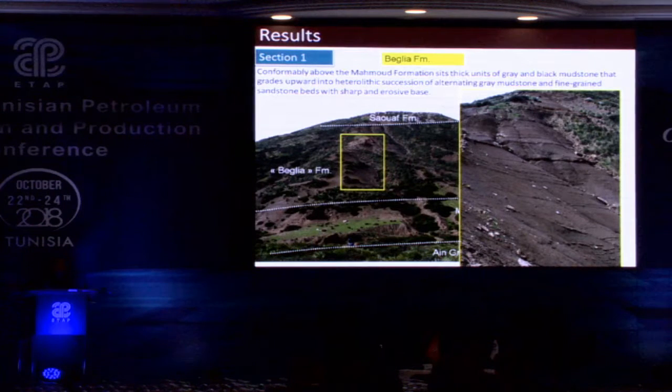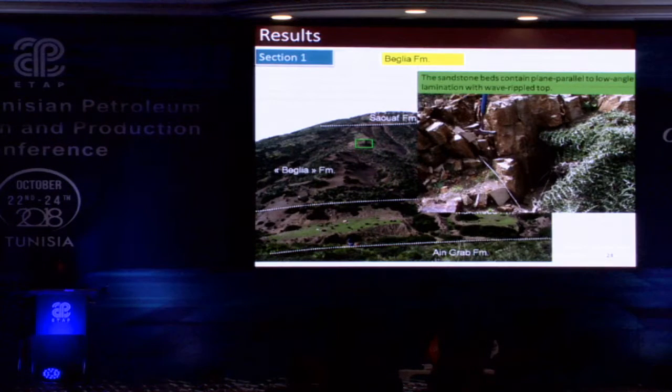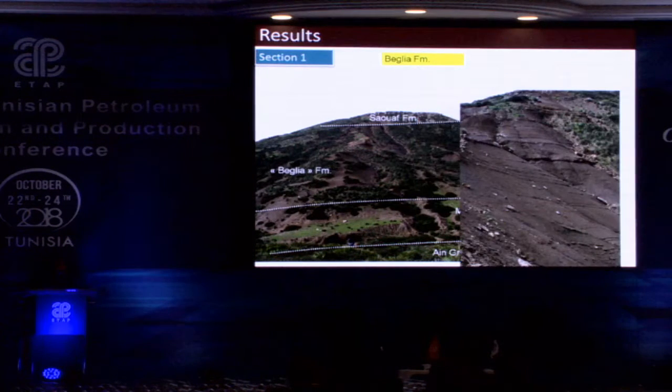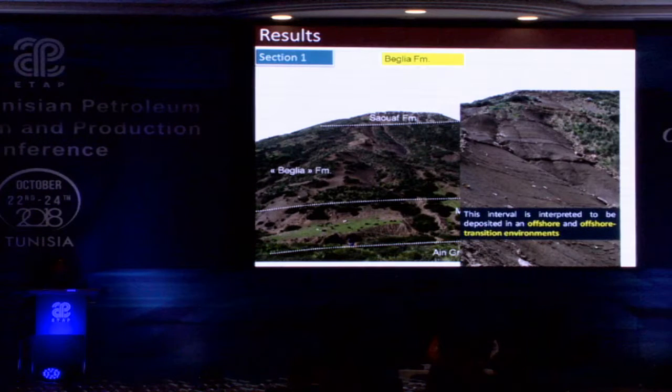The sandstone beds correspond to storm beds. Some sandstone beds can contain plane-parallel to low-angle lamination and wave-rippled tops. This interval is interpreted to be deposited in offshore and offshore transition environments. Here we see the difference between the Jebel Abdurrahman area and the area near the Hawariya village and the Jebel Abyad area.